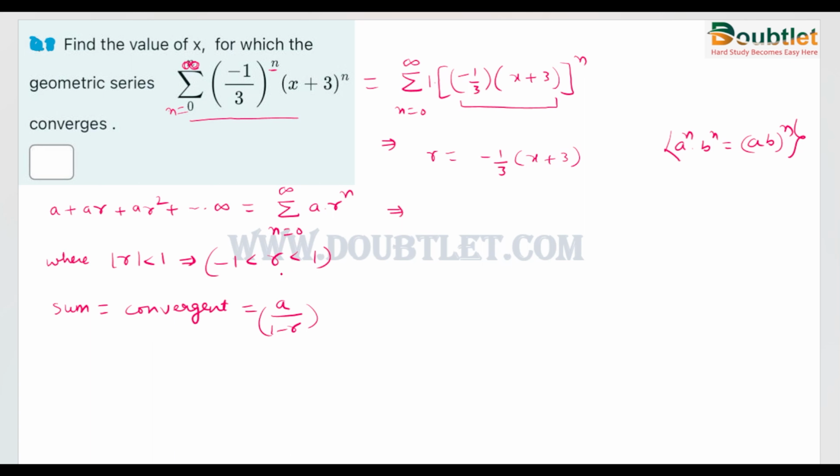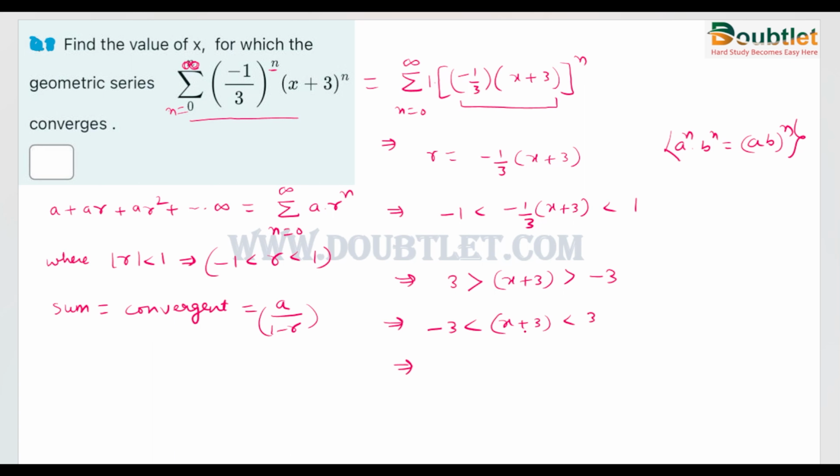So using the inequality, we can write the modulus of -1 divided by 3 times (x plus 3) less than 1. If we multiply by -3 on both sides, it becomes 3 and the sign changes, and it becomes x plus 3, and multiplying by -3 here, the sign changes again, so it becomes -3. So we rewrite this inequality as -3 less than x plus 3 less than 3.